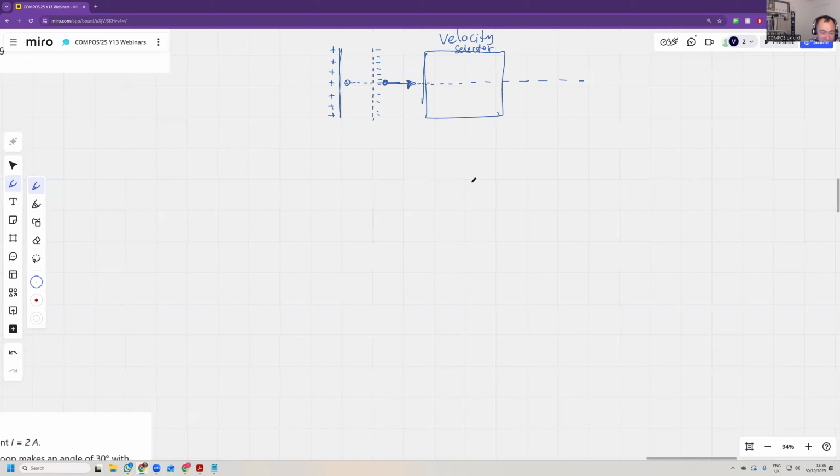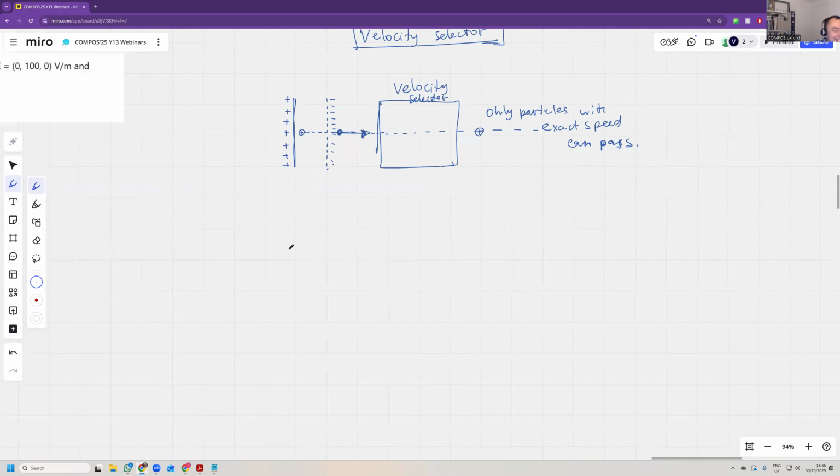So how does the velocity selector work? Only particles with the exact speed can pass. A velocity selector has a magnetic field inside.